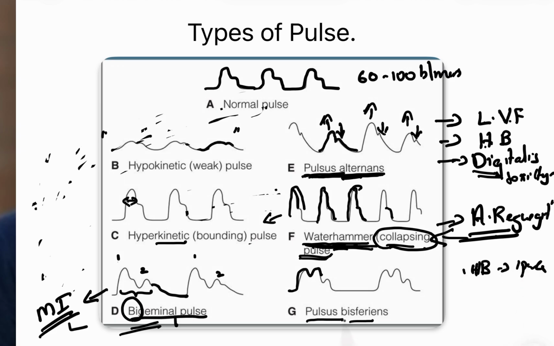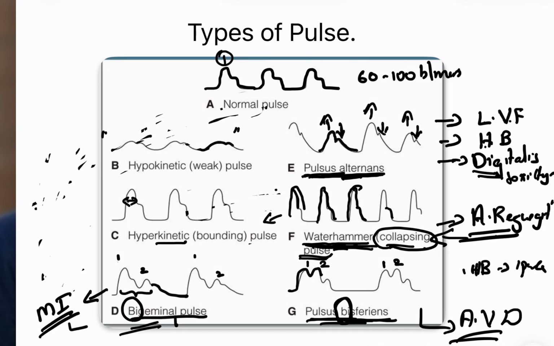If the patient has pulsus bisferiens, again the bi is coming here, we will be able to palpate two pulses in one heartbeat instead of one. In the normal pulse, we palpate only one pulse in a heartbeat. Here we are palpating 1 and 2 pulses in a heartbeat. So this is called pulsus bisferiens, normally seen in aortic valve diseases.